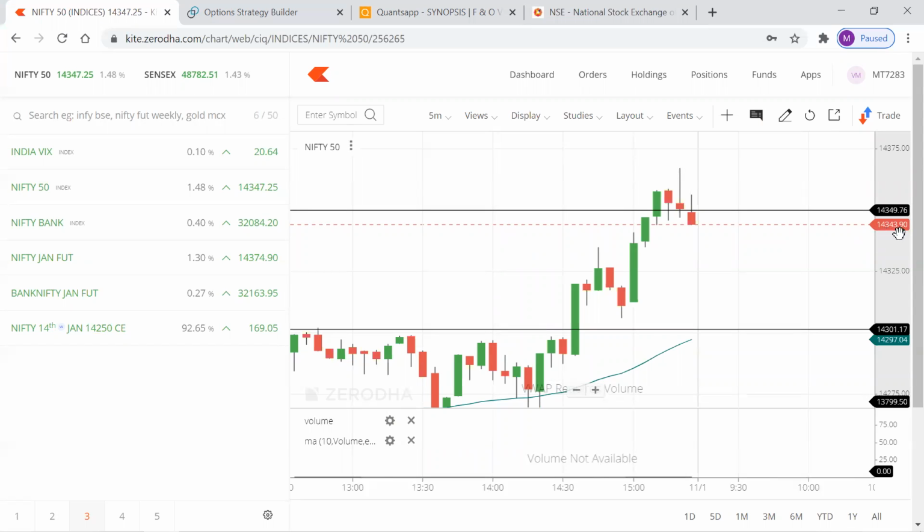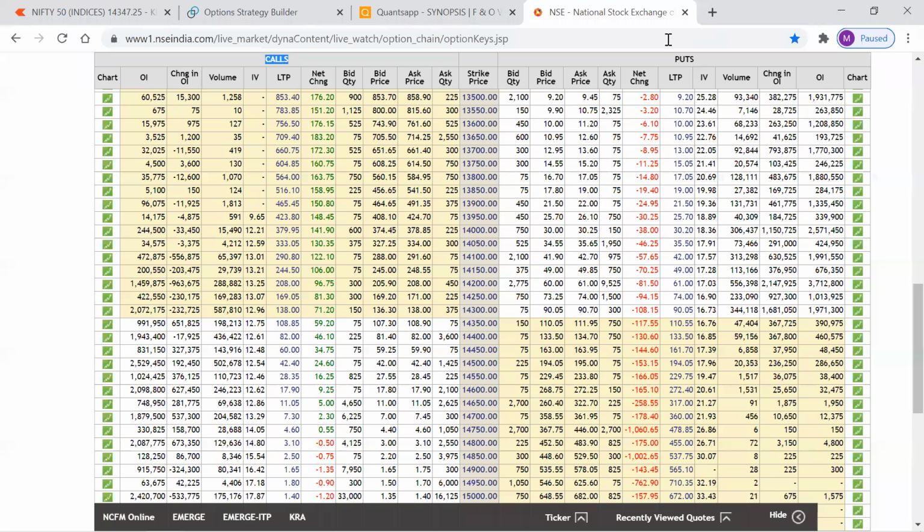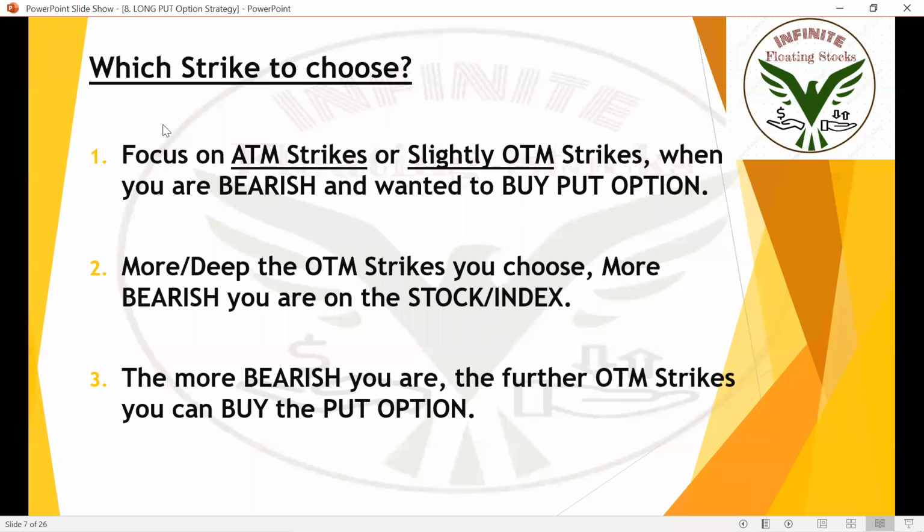So now tell me, what is the at the money strike? 14,343 is close to 14,300 and 14,350. So these two are at the money strikes. 14,300 is an at the money strike and 14,350 is an at the money strike. So you need to focus on at the money strikes. That's the first point.